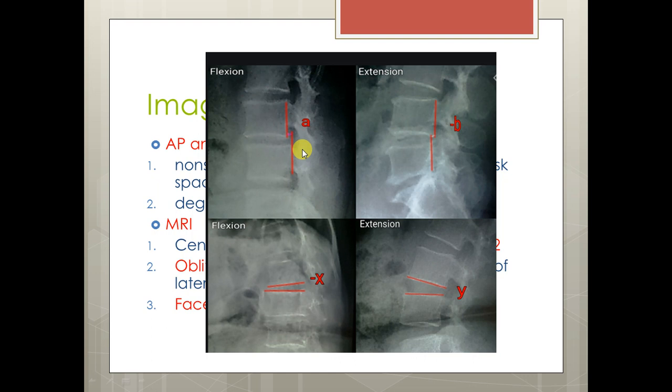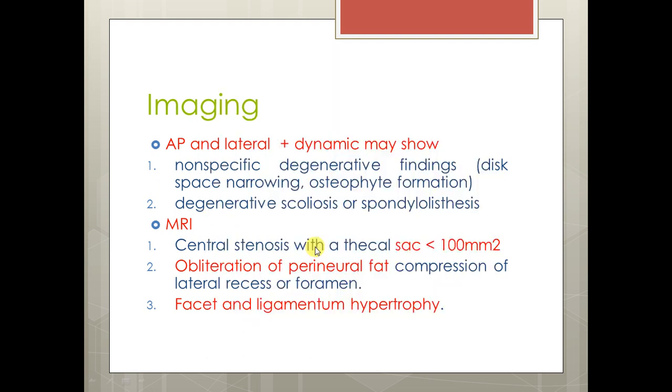Of course, you are decreasing the operative time, decreasing the blood loss, and so on. But the risk of further instability after surgery is increased. Anyway, dynamic views detect the stability pattern in the form of translation and angulation.